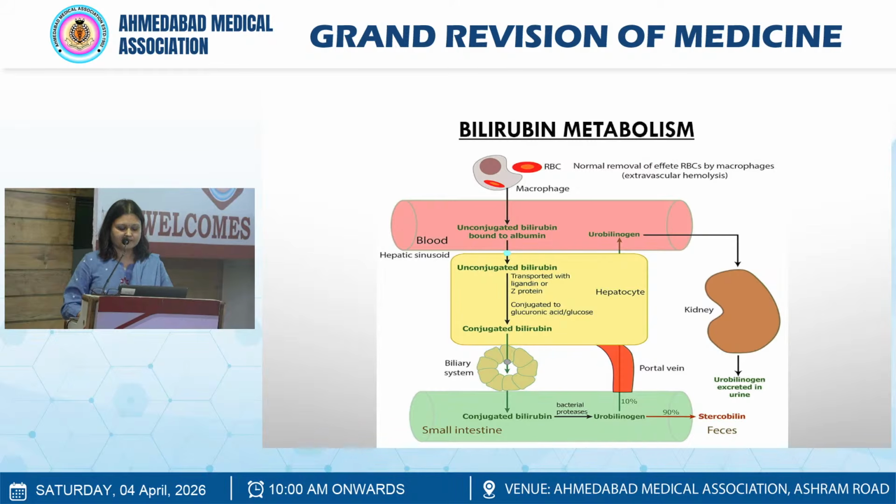So now it becomes water soluble or fat soluble? Yes, water soluble. It is excreted through the bile, reaches the intestine, and then it is converted into urobilinogen and stercobilin. So that is why we see the yellow discoloration of urine and feces.